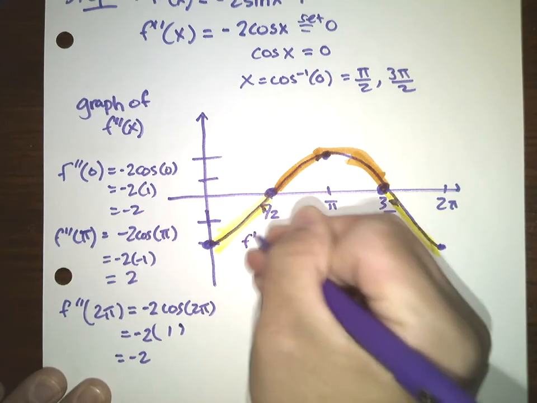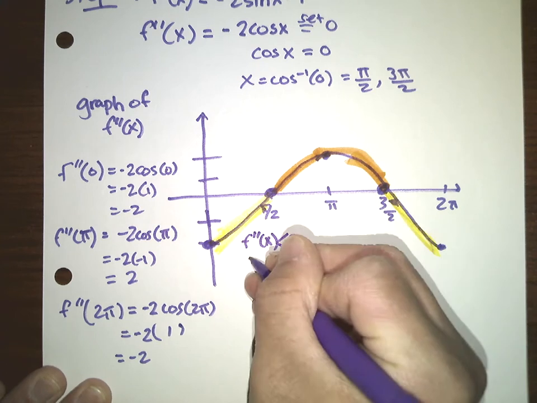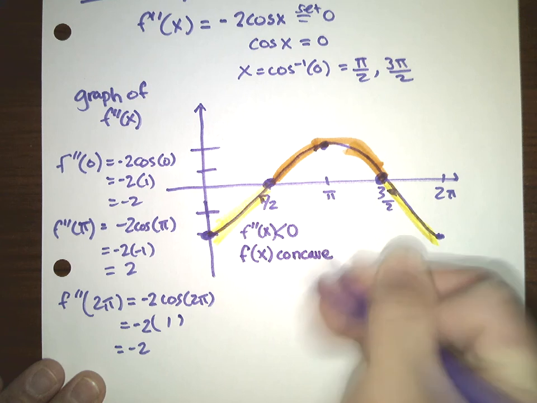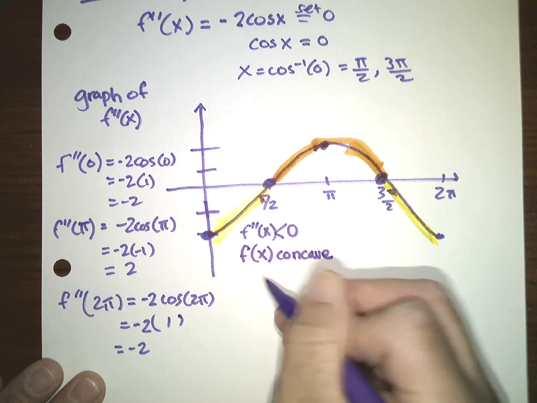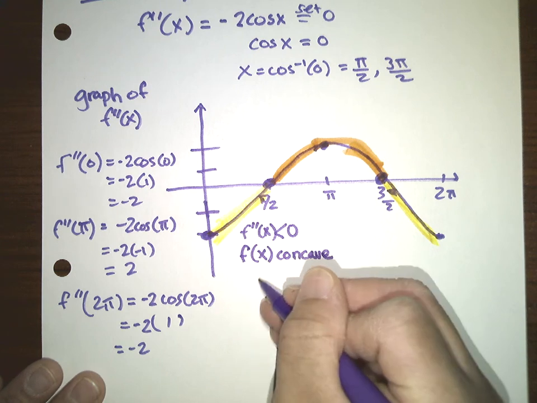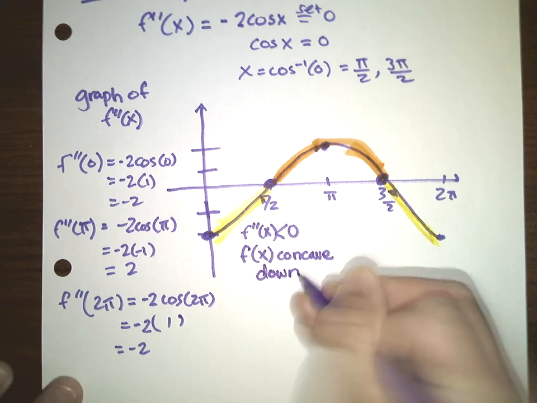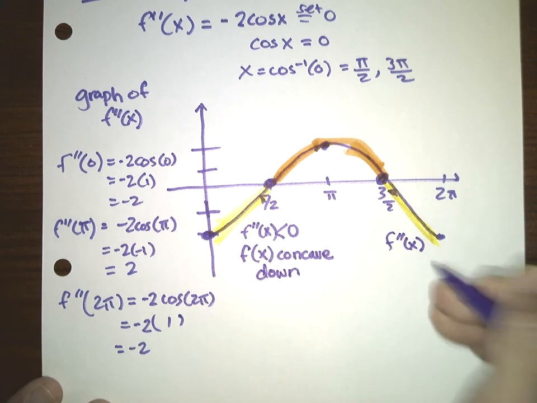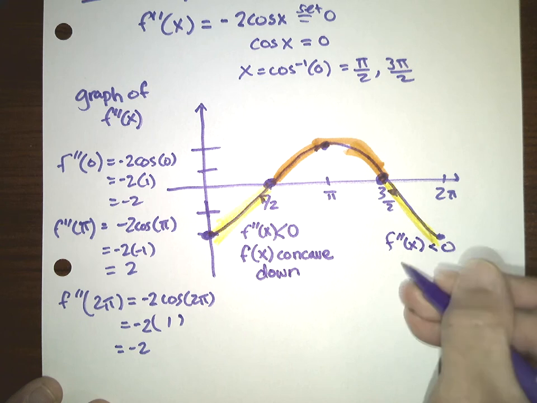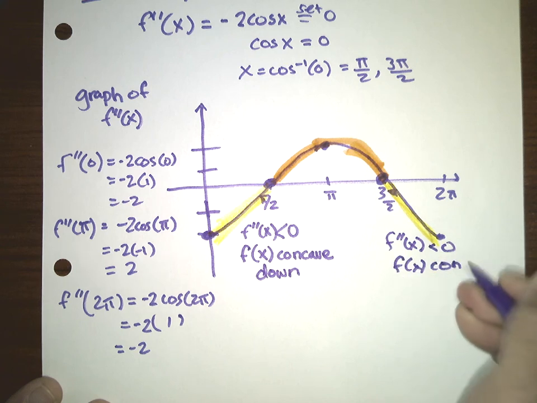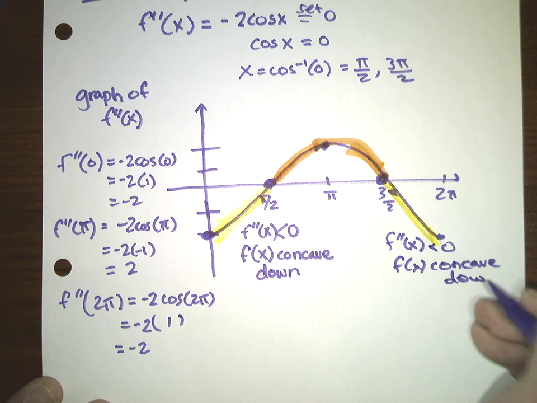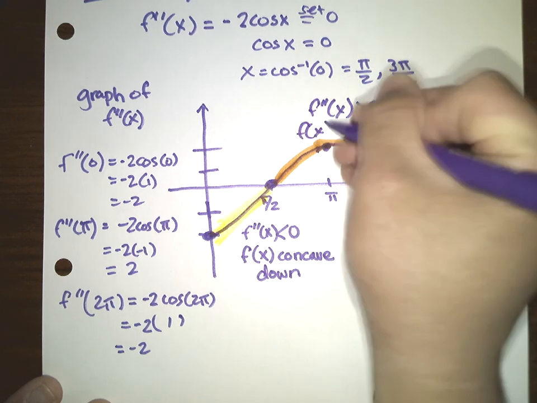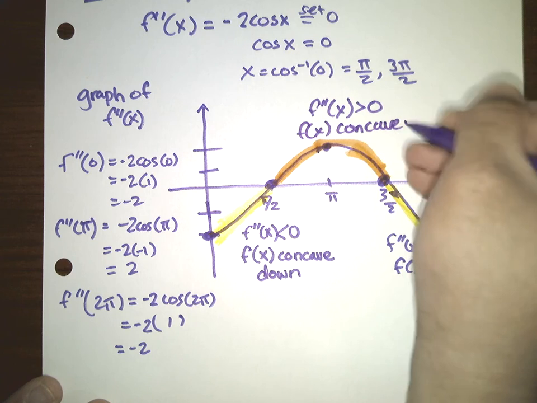So f double prime of x less than 0 means that f of x is concave down. And then here we have f double prime of x less than 0, so f of x is again concave down. And here f double prime of x is greater than 0, so f of x is concave up.